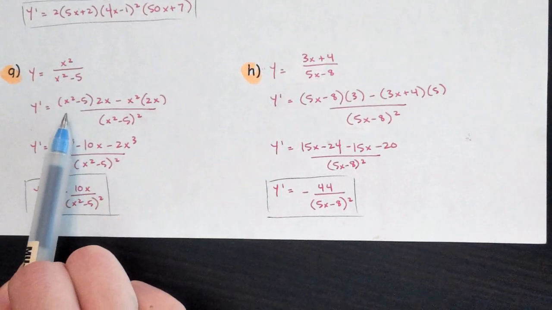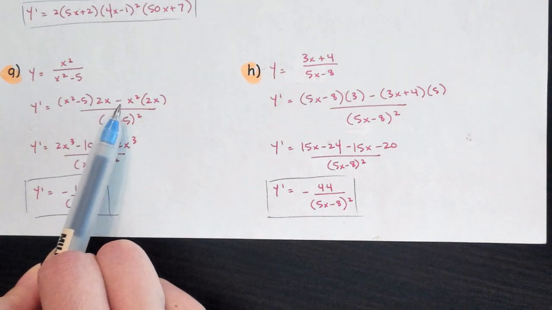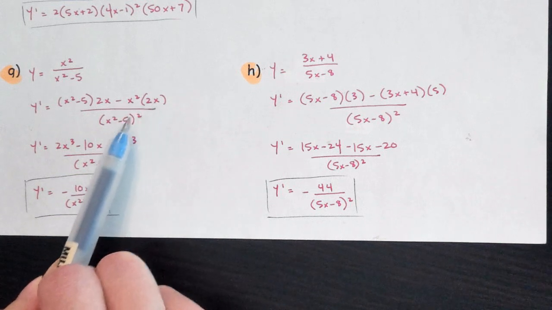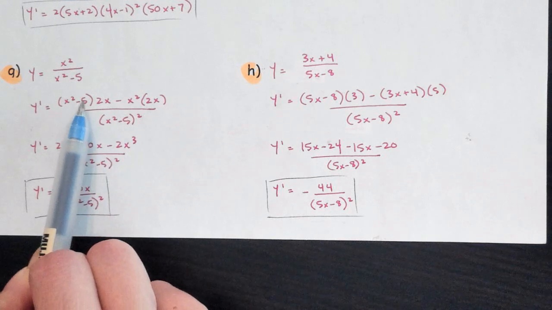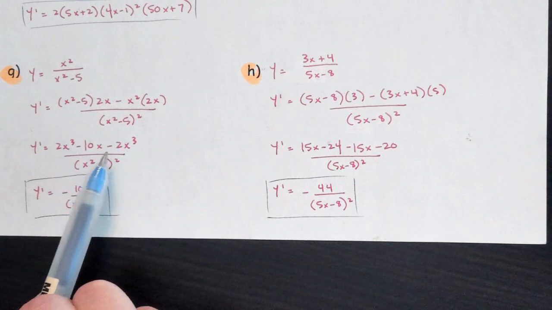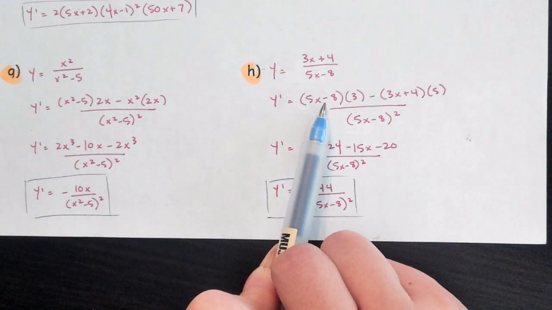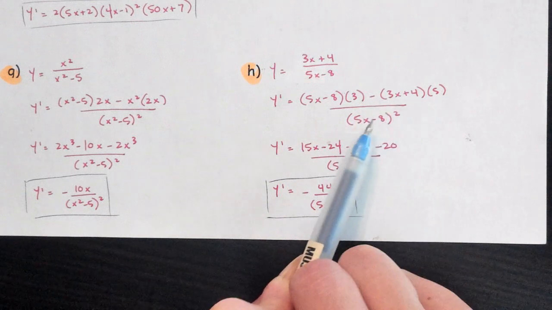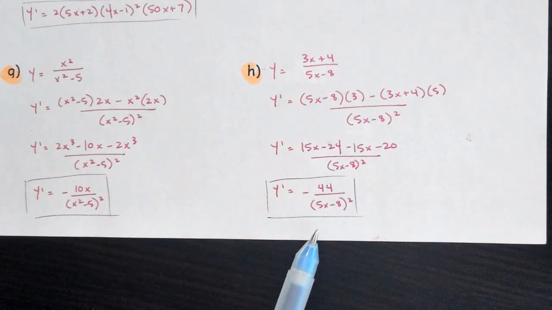So then you have low d high, so derivative of the top, less high d low, which is the derivative of the bottom, and then denominator squared below. So this is our answer, but then we simplify a little bit. So you multiply out the top, and then you get that. That's all it is. So again, low, d high, less high, d low, denominator squared below, multiply out the top, and then you get that.